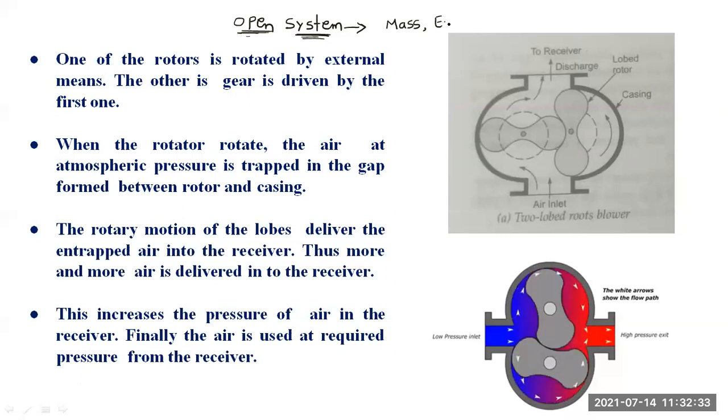Yes, that is correct. Both mass and energy transfer can take place across the boundary. Which is the boundary? You can see this casing, whatever casing you are watching over here, is the system boundary.